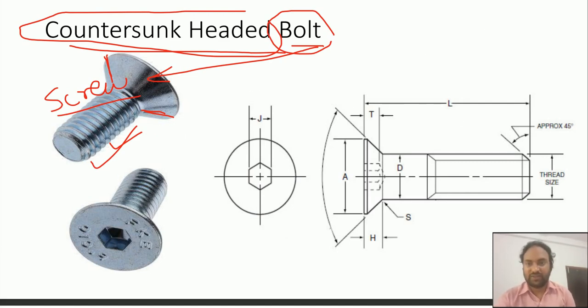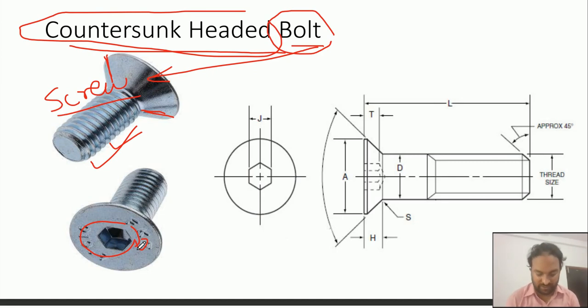So you see another thing here, the head has a hexagonal groove to accommodate the hexagonal spanner at the top. Again, this can be used to rotate, lock or unlock it without a spanner.